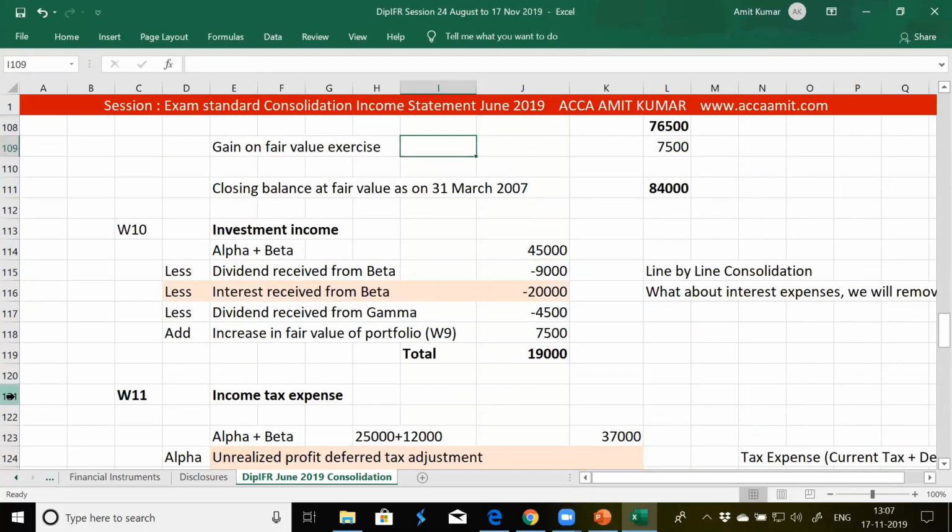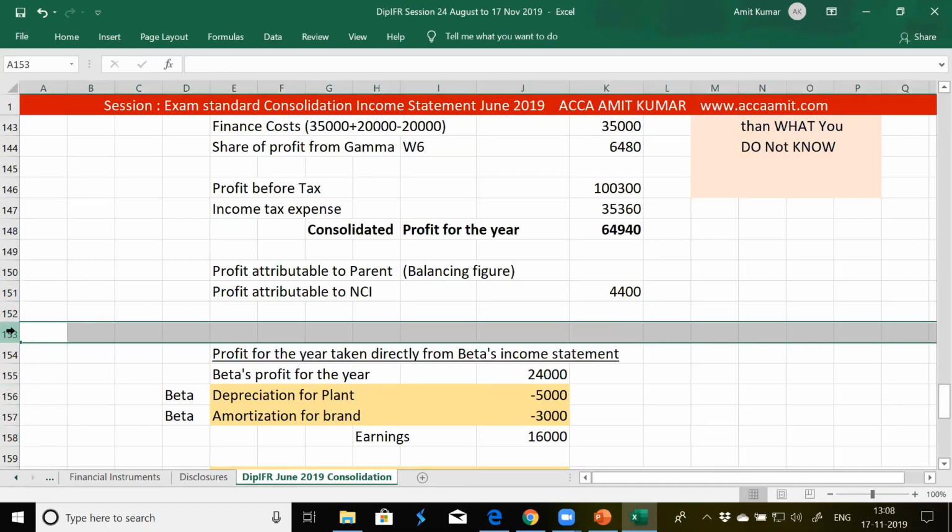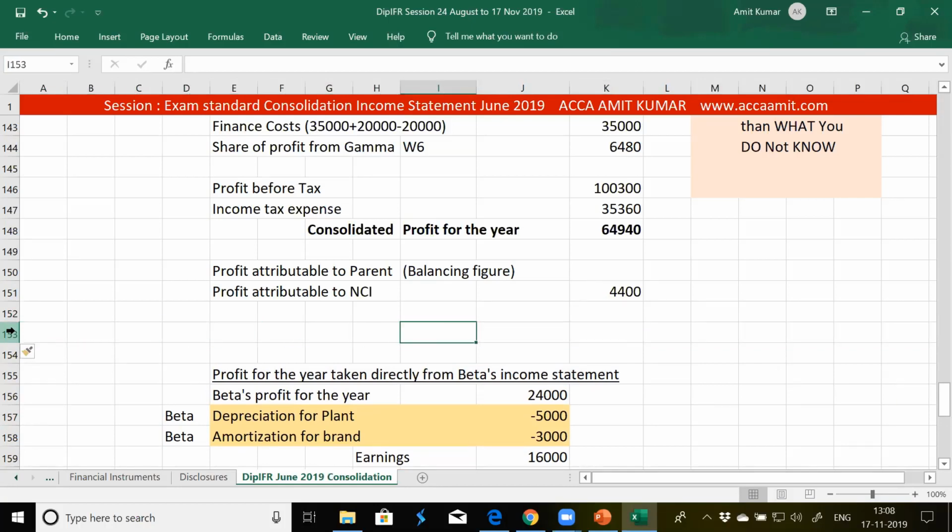So we'll pick this 4,400. Profit attributable to NCI is 4,400, and this becomes the balancing figure because we know the total profit is equal to 64,940. So the balancing figure turns out to be 64,940 minus 4,400, 60,540. So this is how we'll do appropriation of profit.